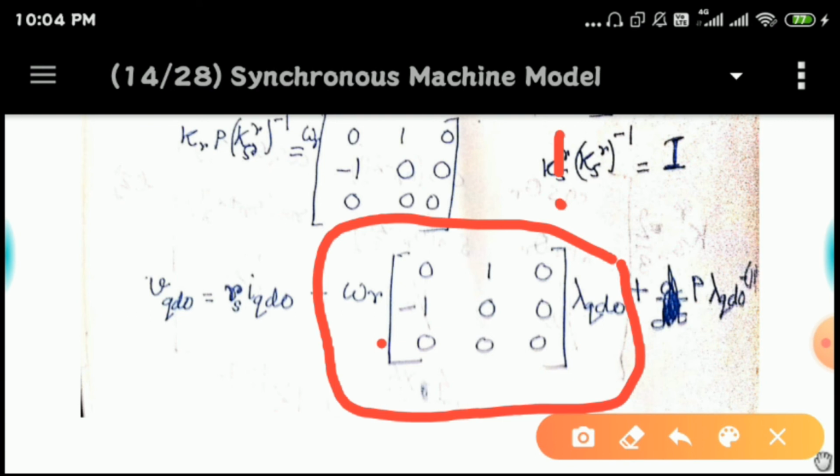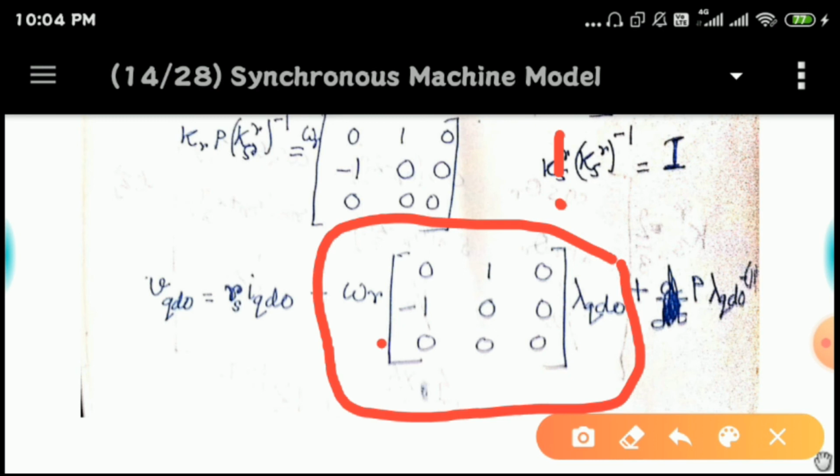If we define this middle term as the speed EMF, because it depends on omega r. If you make omega r 0, then you will not be able to get any such speed EMF in your picture.